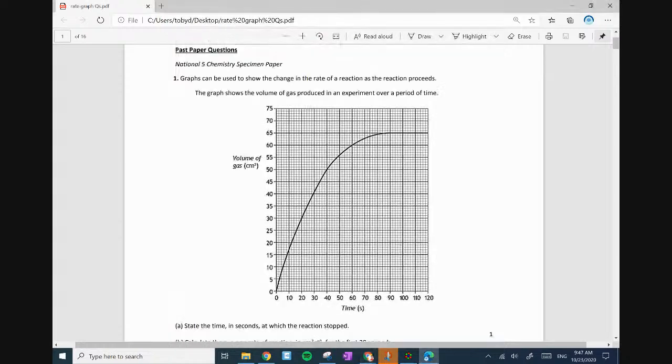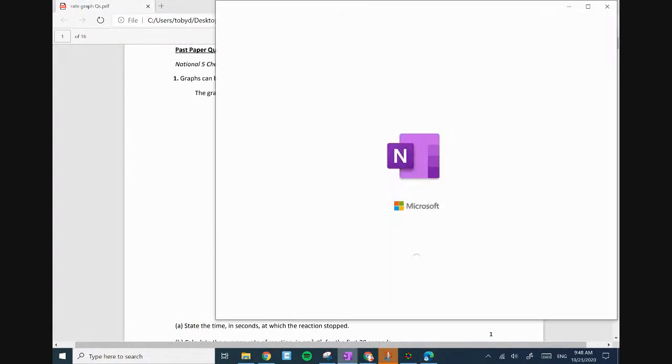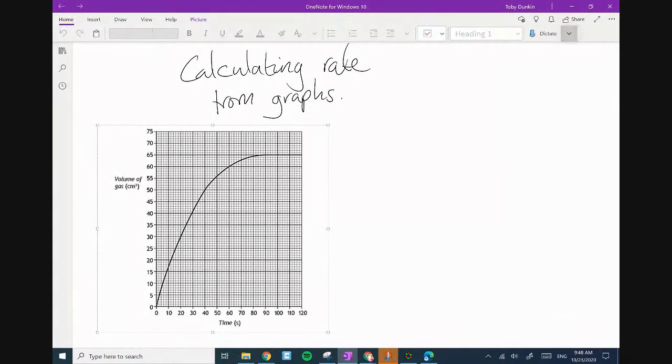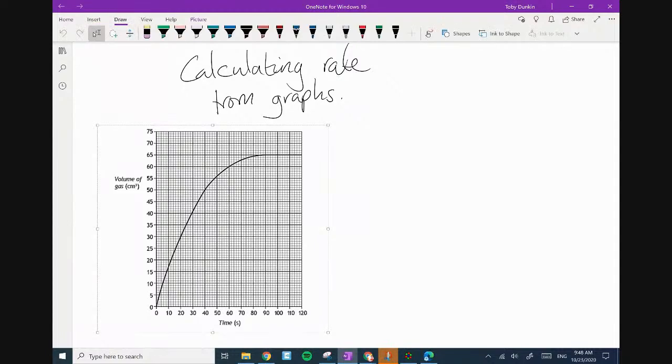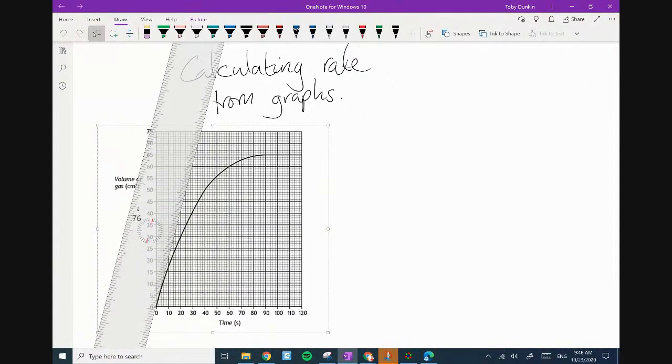Oh no. It's just closed and crashed it. Damn. There we go. Let's find my ruler again. Draw ruler. Let's try that again. It's lucky that it saves as it goes. There we go. So I reckon it actually ends sooner than that.